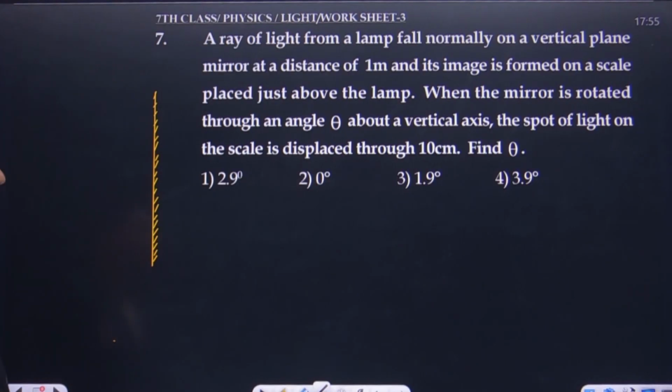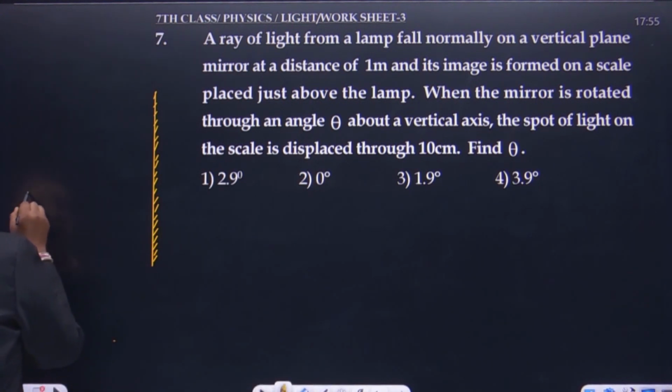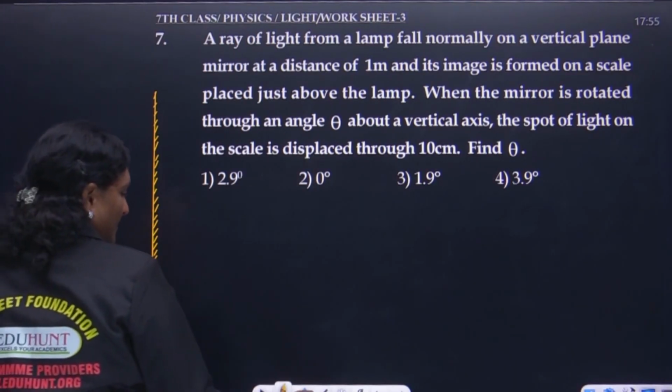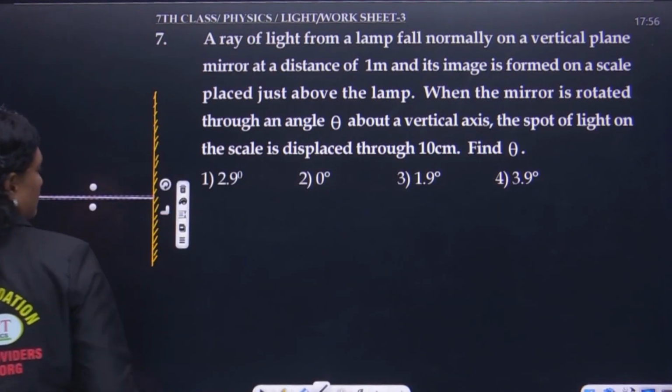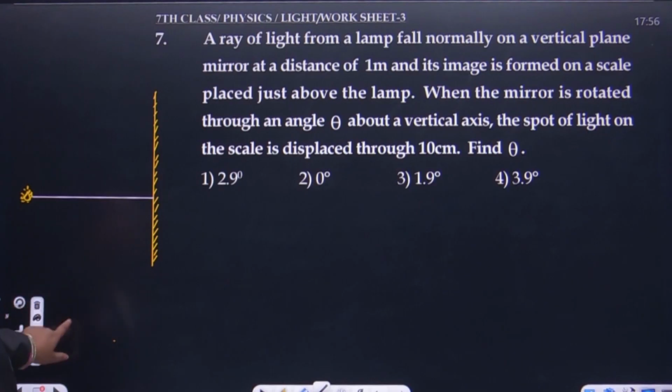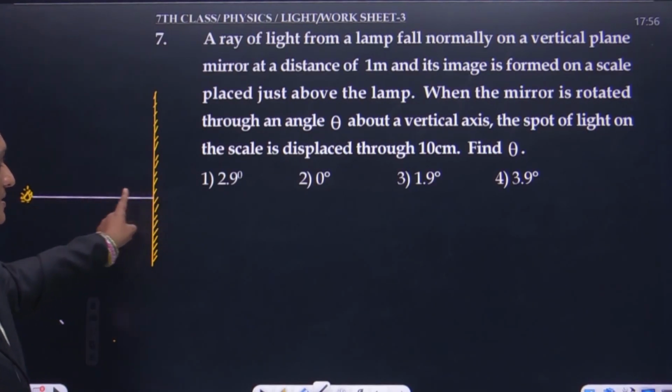A ray of light from a lamp falls normally on a vertical plane mirror. First of all, let us visualize a lamp, and from this lamp a ray of light is passing. It falls normally on a vertical plane mirror at a distance of 1 meter.